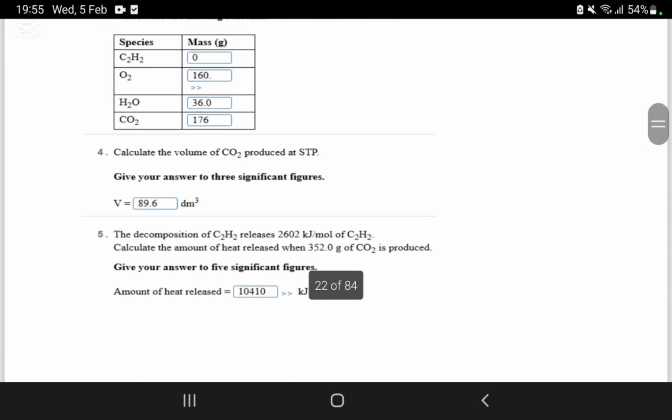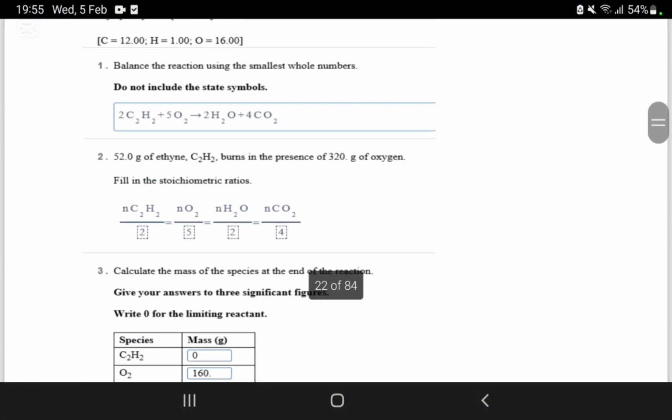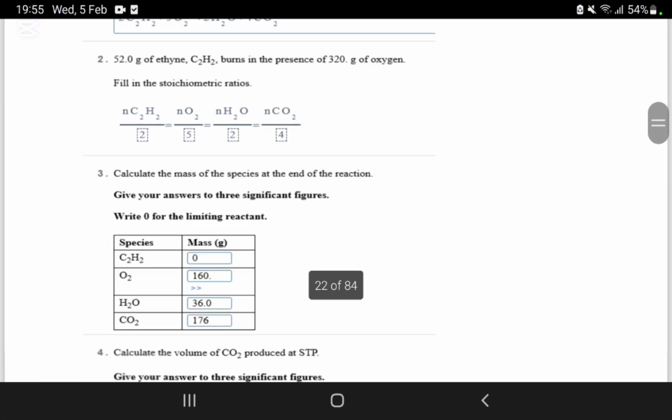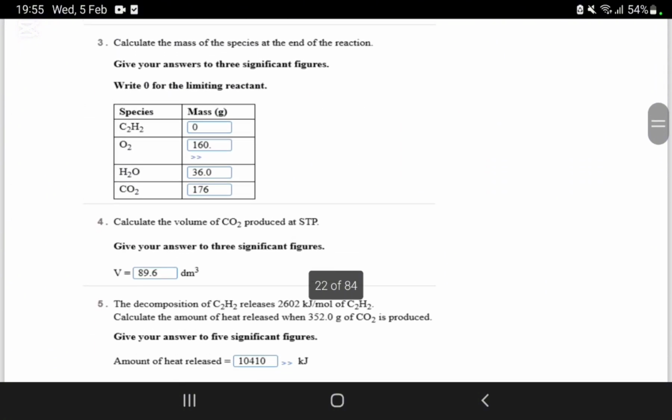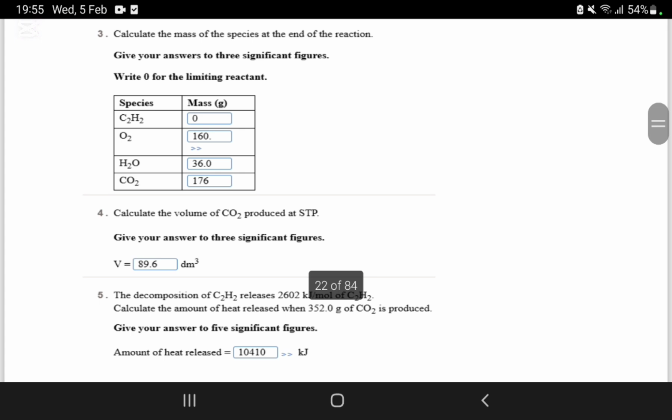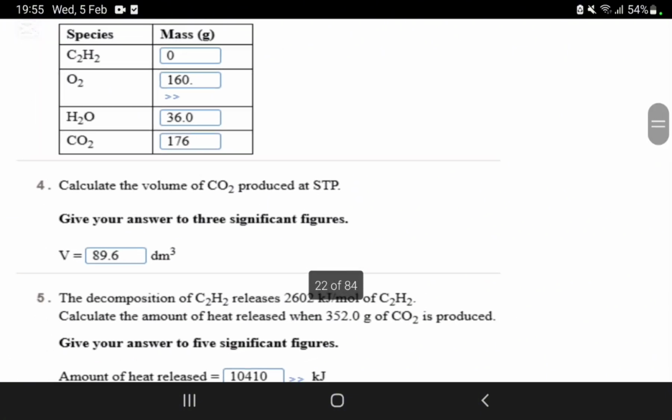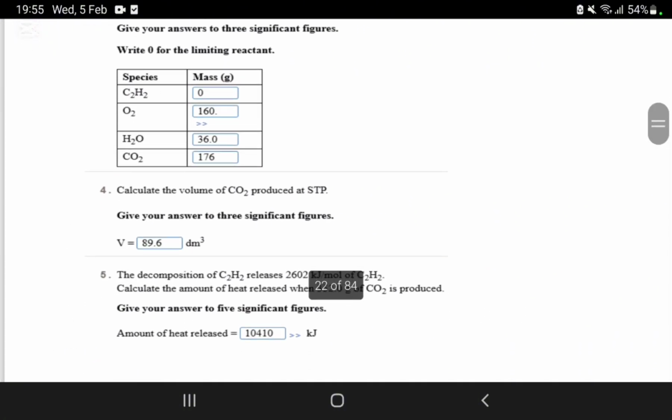The decomposition of C2H2 releases 2602 moles of C2H2. Okay, so here there's a simple way. Since here we know that the moles of C2H2 is originally 2, and we can notice that the mass of CO2 here, 352, doubled from 176, right?